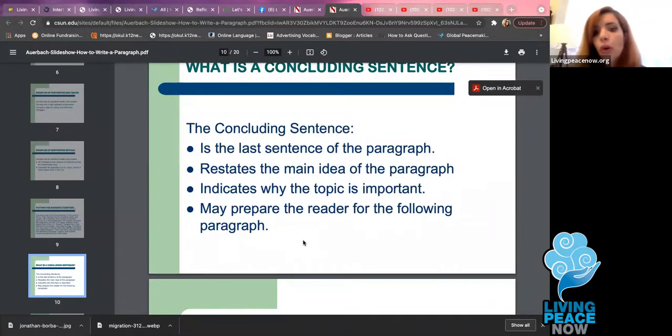Thank you, Rosemary. So what I can say about the concluding sentence, we have some techniques. The basic or most simple one is just to paraphrase the topic sentence or to summarize the whole paragraph, but in different words. So for example, if you have used active voice, you can use passive voice.